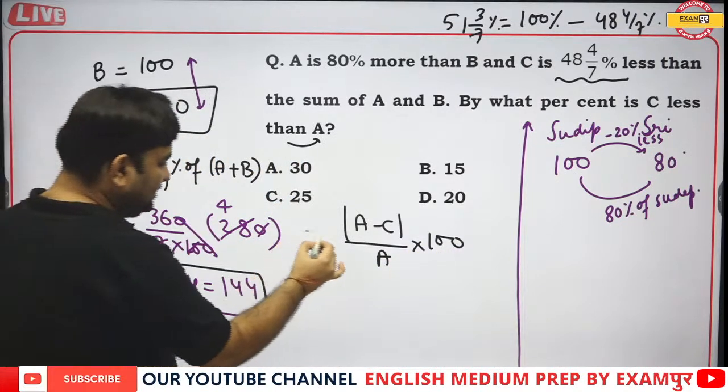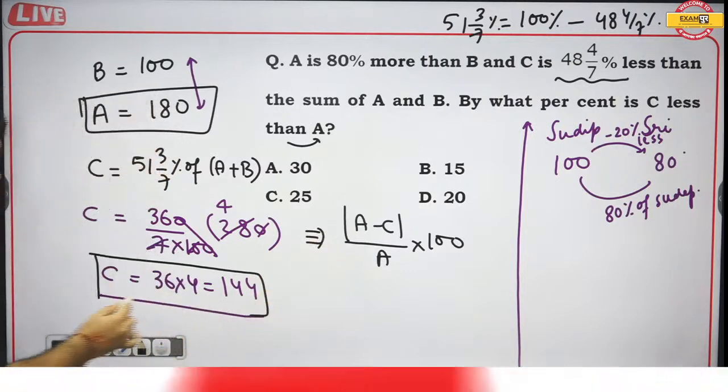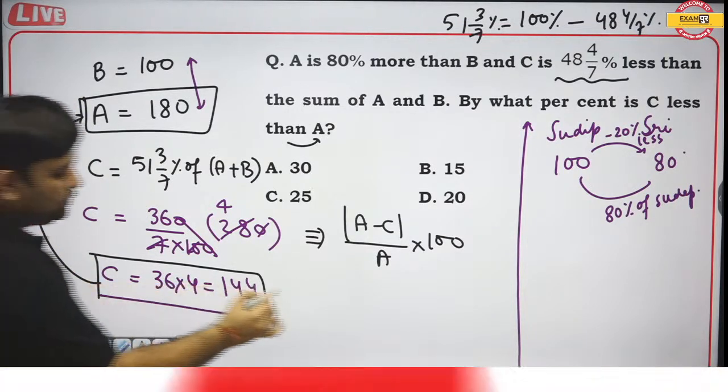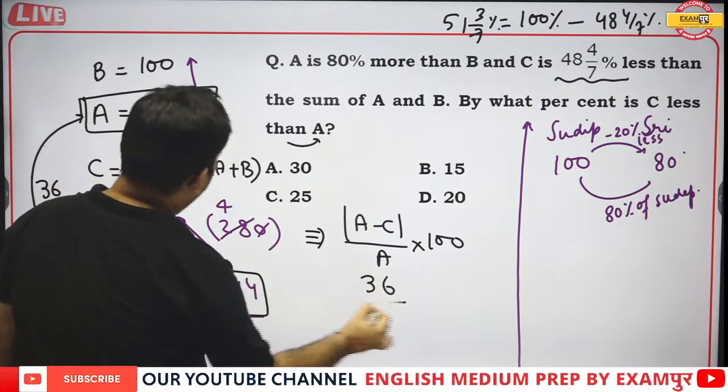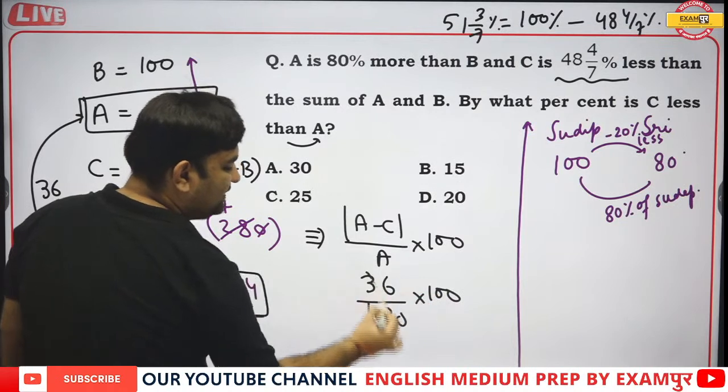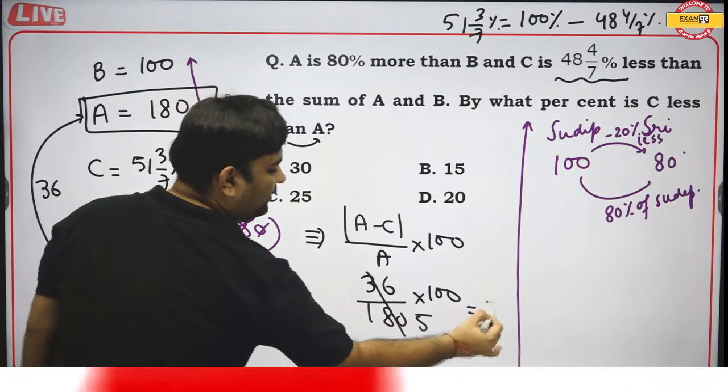What is the A minus C difference? A minus C difference is 36. So a difference of 36 over 180 into 100. This will simplify 5 times. 1 by 5 into 100, 20%.